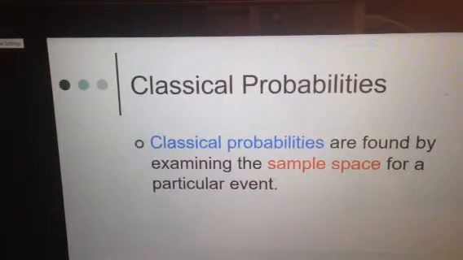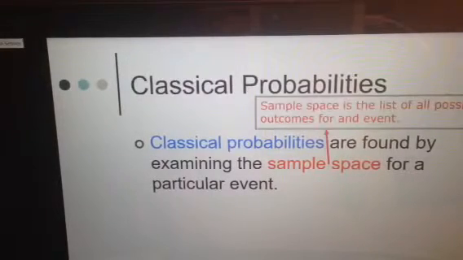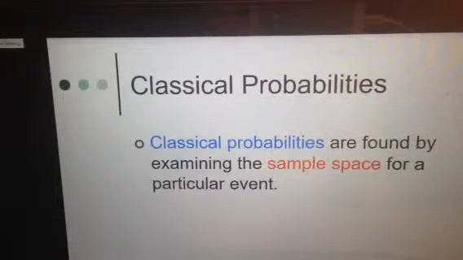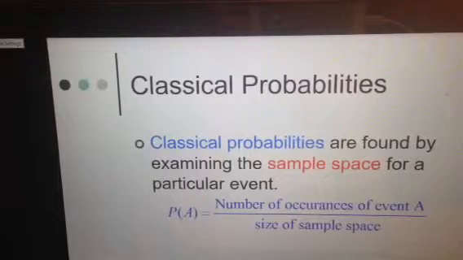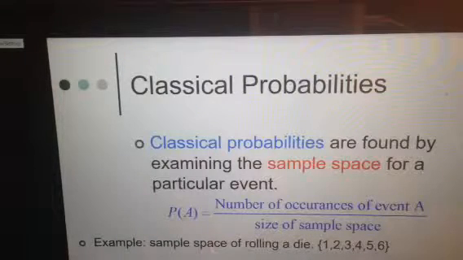Classical probabilities are found by examining the sample space for a particular event. The sample space is the list of all possible outcomes for an event. The sample space of rolling a die is 1, 2, 3, 4, 5, and 6.